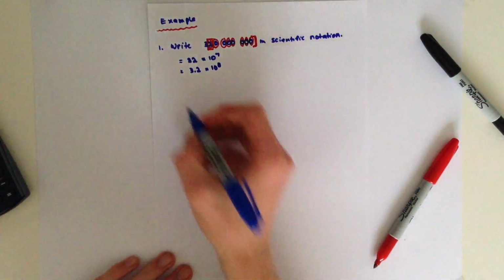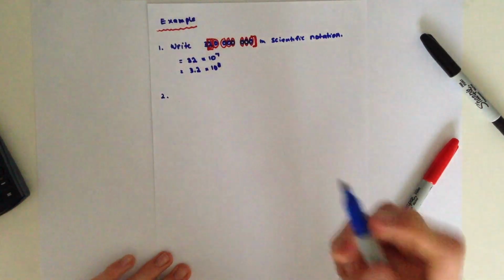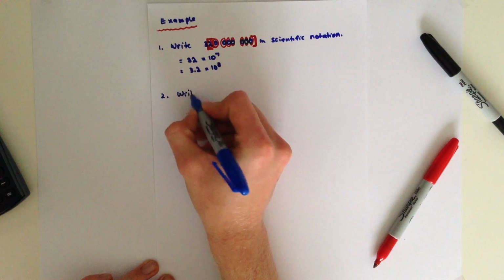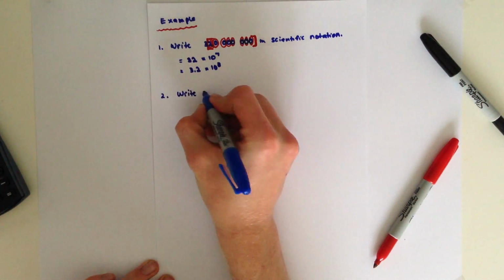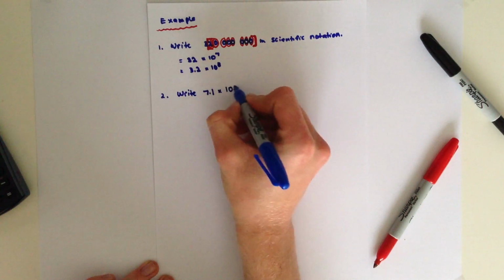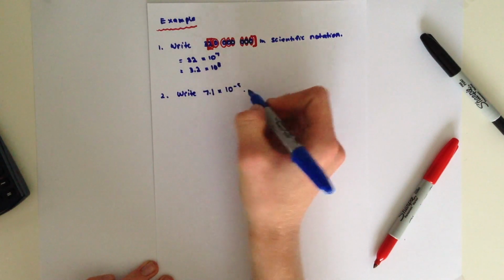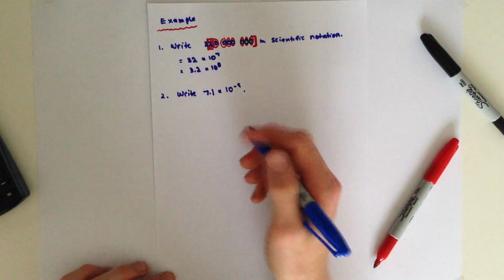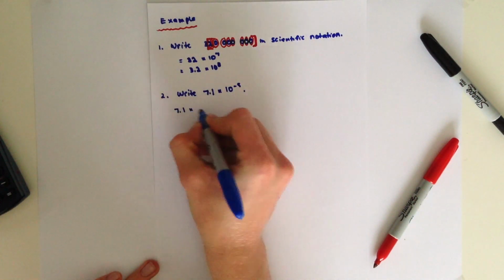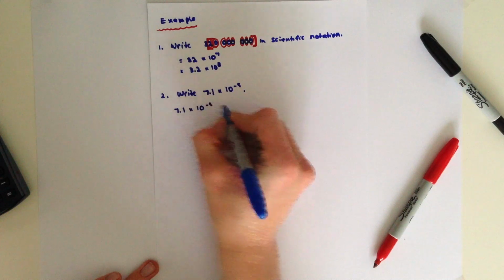That might be a little tedious at the start, so we're going to write 7.1 times 10 to the minus 5 as a decimal.